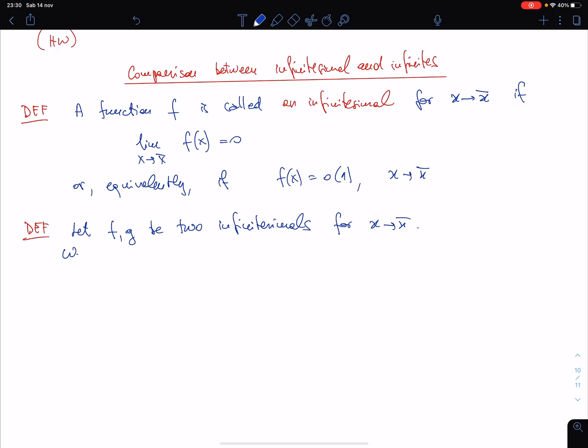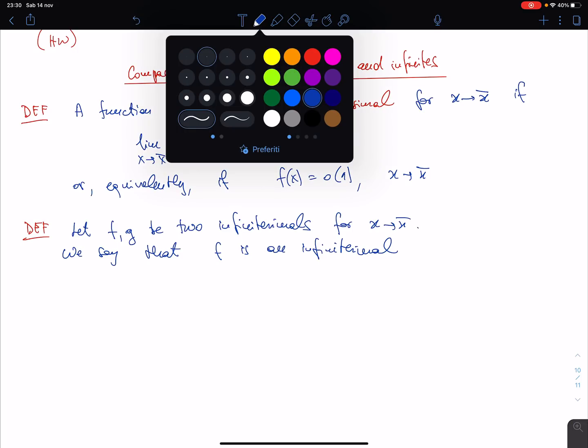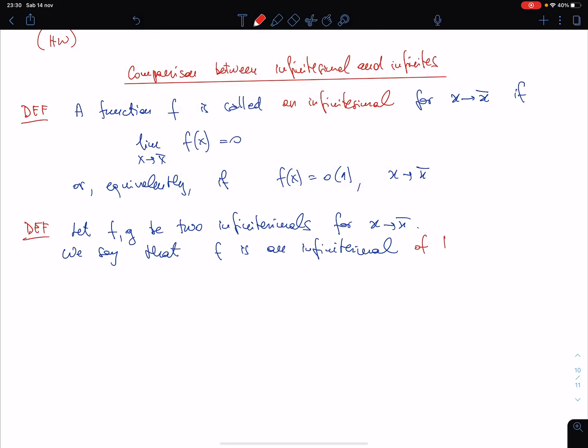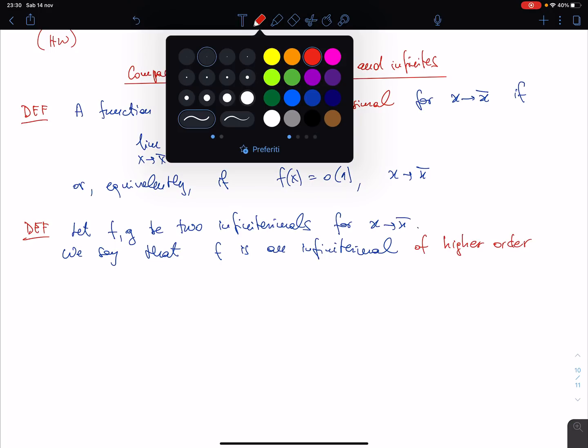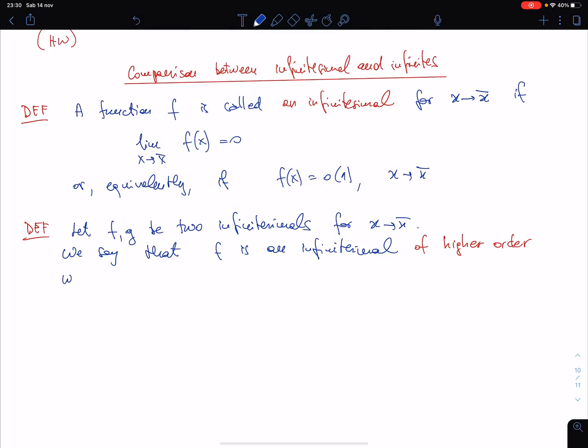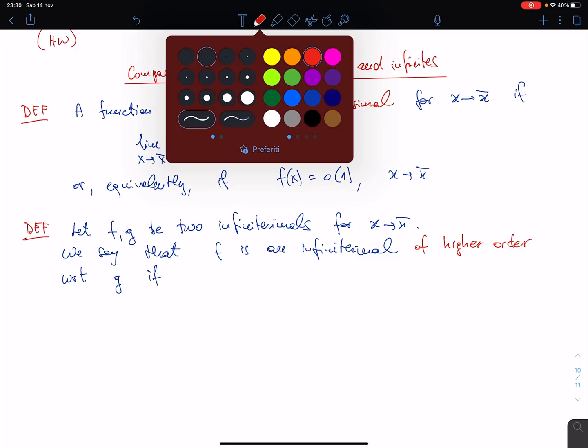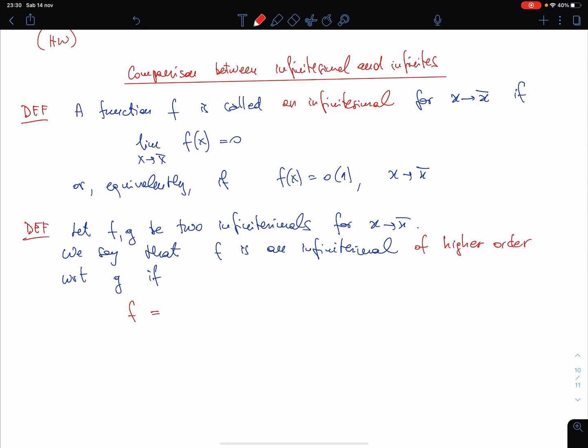So we say that f is an infinitesimal of higher order with respect to g if f is little o of g for x going to x bar.